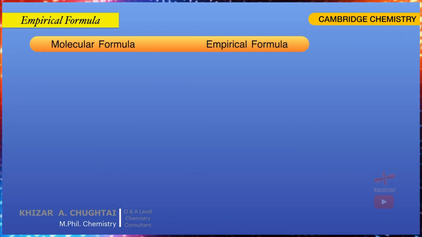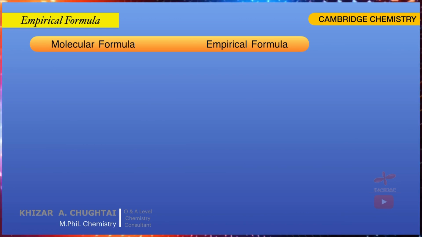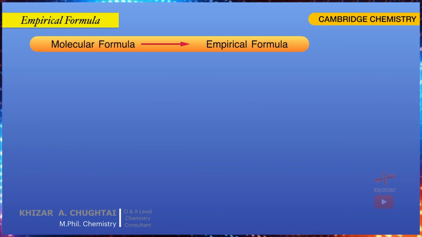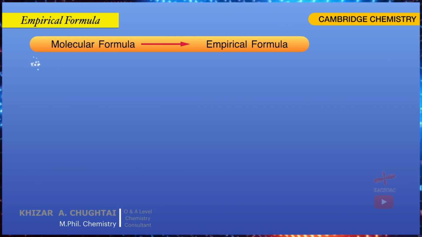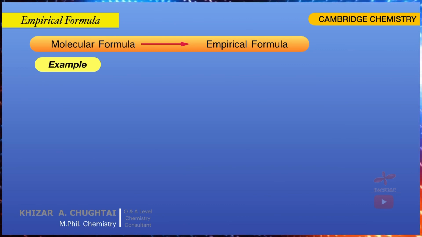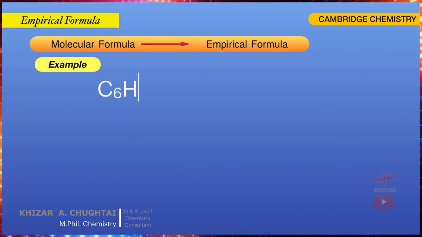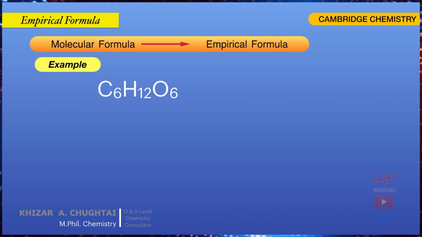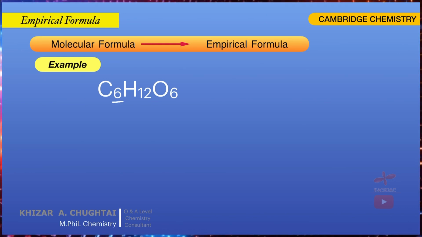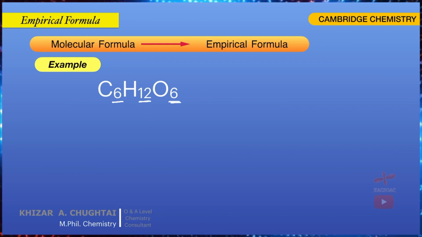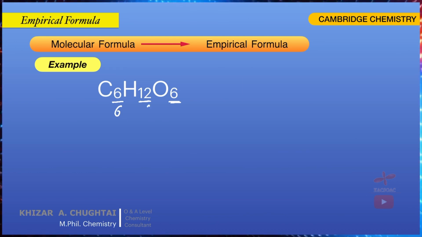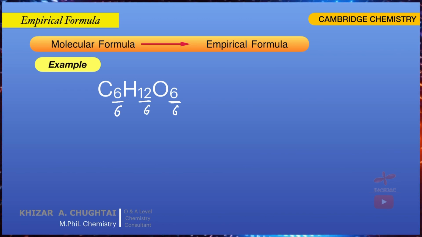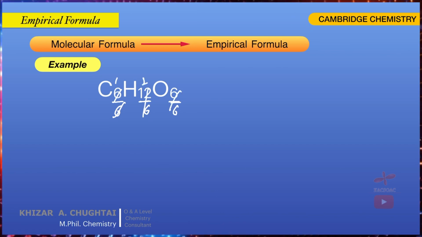We can make an empirical formula from a molecular formula. How? It's quite simple once again. For example, glucose, C6H12O6. This time I'm going to check the common mole number of the elements, the highest common number, which is 6. So I divide all these numbers by 6: 6 ones are 6, 6 twos are 12.